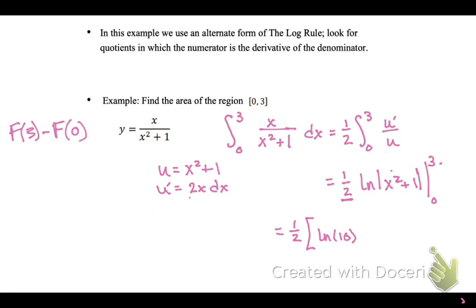And then I plug in 0, so minus the natural log of 1, which you should know is 0. Remember, because anything to the 0 power is 1 in inverses. So I now have 1/2 the natural log of 10.